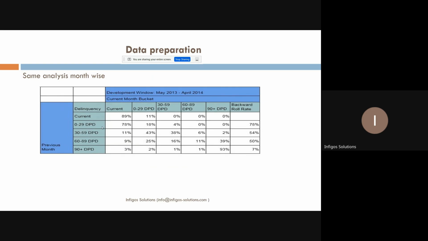Somebody is 30-day past due, he will stay current 78% of the time. Somebody is 60-day past due, nearly 11%. And then sum these two, basically whether he is going to reach here again. So this is an example of roll rate analysis. Any question?